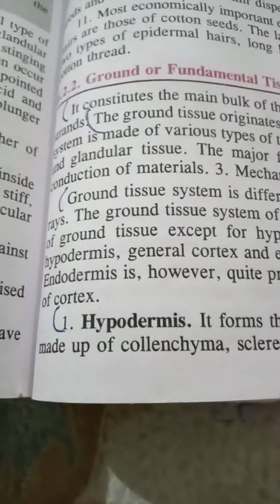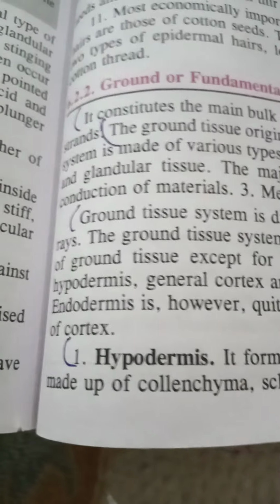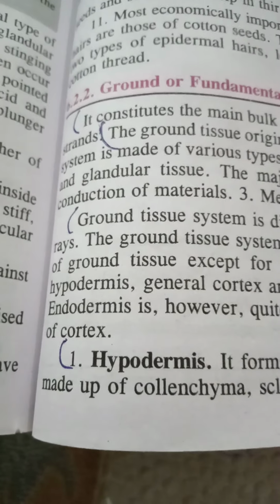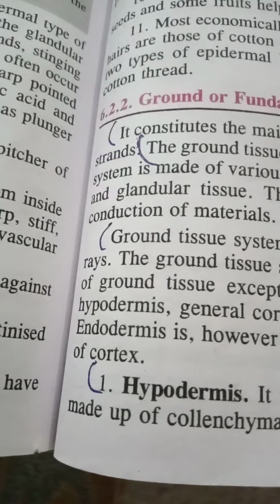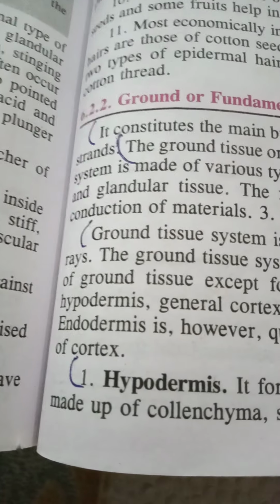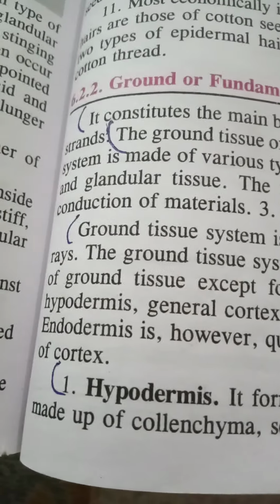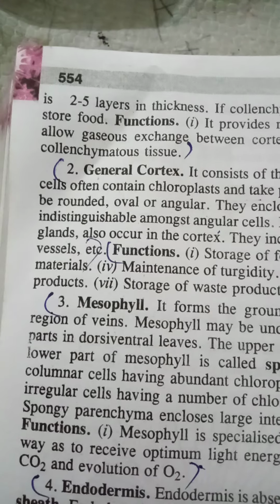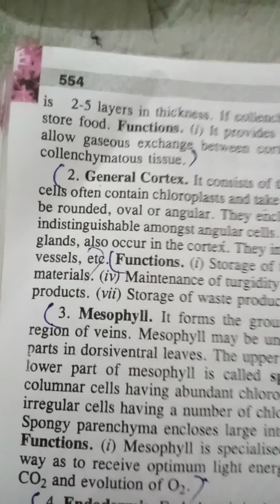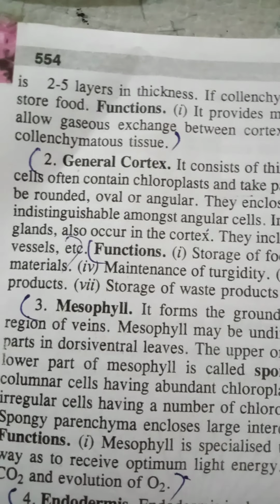First is the hypodermis. The hypodermis forms the outer supporting cylinder just below the epidermis. In dicots, it is formed of collenchyma and sclerenchyma, but in monocots it is formed basically of sclerenchyma tissues. Their main function is to provide mechanical support.